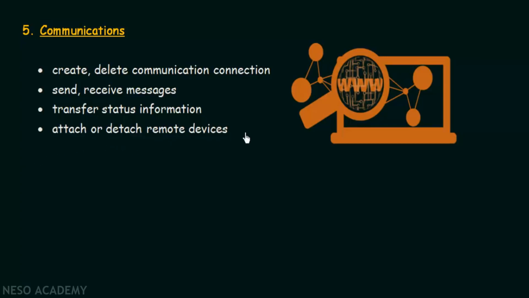There may be remote devices attached to the system, or which may have to be attached to the system. For attaching those devices and for detaching those devices also, we need these communications, because these are remote devices, so communication is required to attach or detach them. All these system calls that are related with communications, they fall under this category of communications system calls.